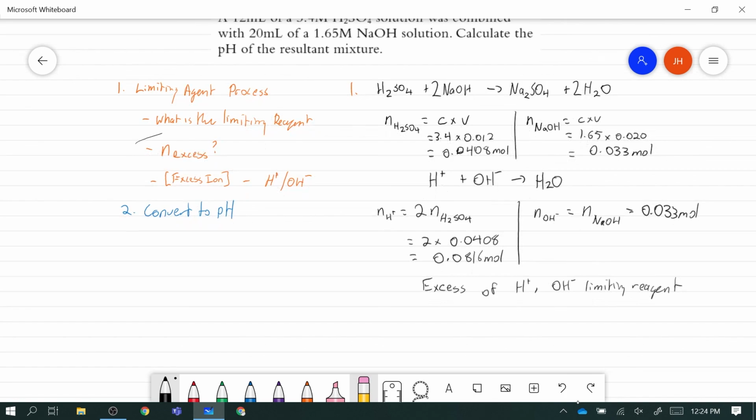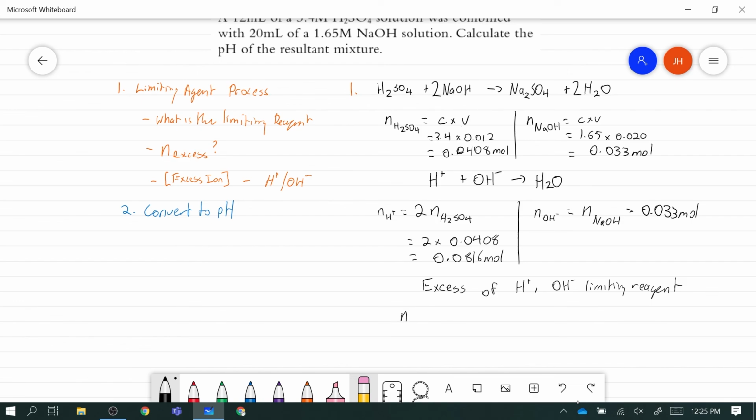So the question becomes, how much excess do we have? And that's just a simple subtraction. Essentially, if 0.033 moles of hydroxide are going to react with all of the hydrogen ions that are there, 0.033 moles of hydrogen ions are going to be consumed as a result.